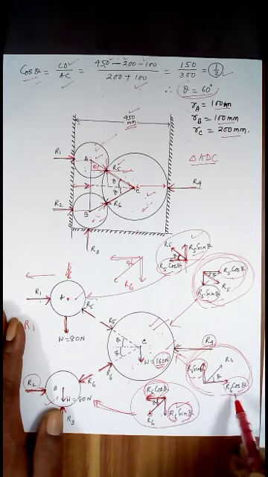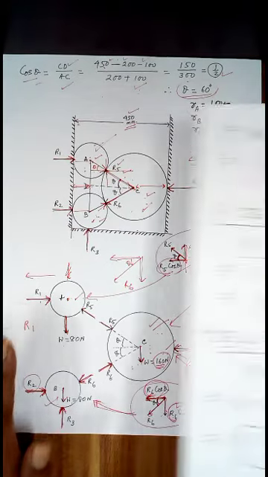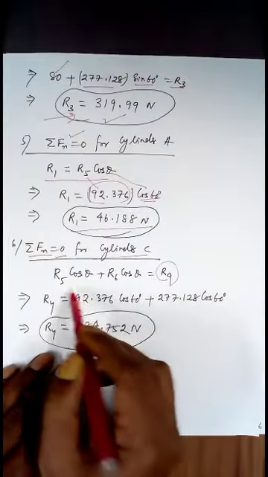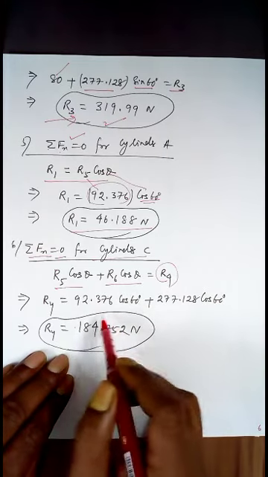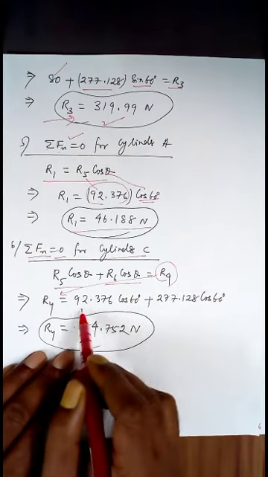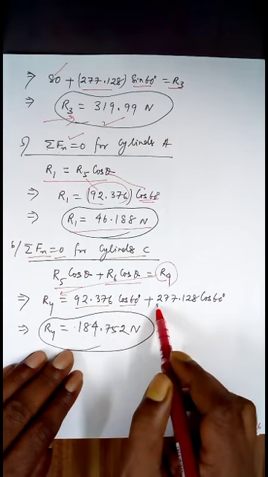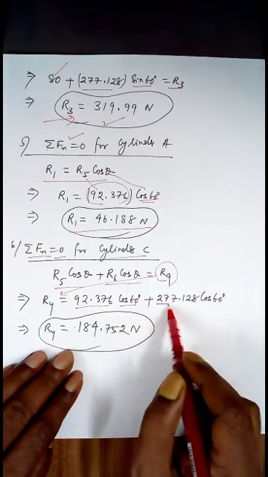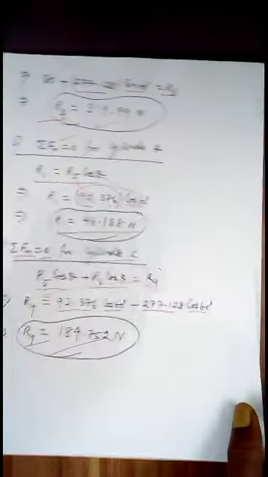So R4 will be equal to this plus this. R4 is equal to R5 cos theta plus R6 cos theta. So R5 value I put here, cos 60, then this is your R6 cos 60. So R4 comes out to be like this.